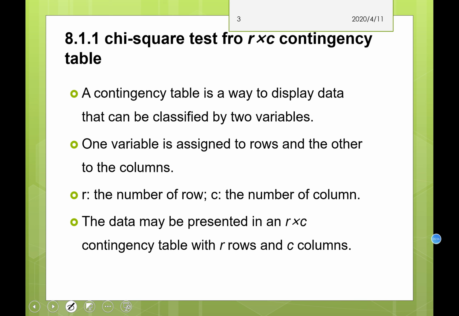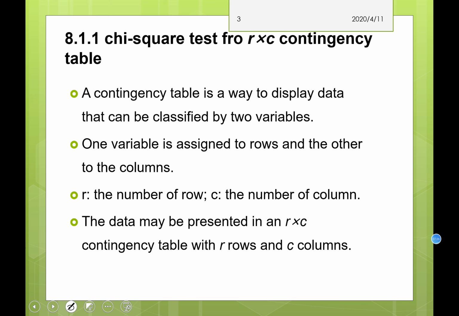And then how about the other variable in chi-square test? The other one most often is the grouping variable, just the same as what happened in the other hypothesis tests. So in chi-square test, usually we have two variables. The first one represents the effect or result of different groups, and the other one means the grouping variable.